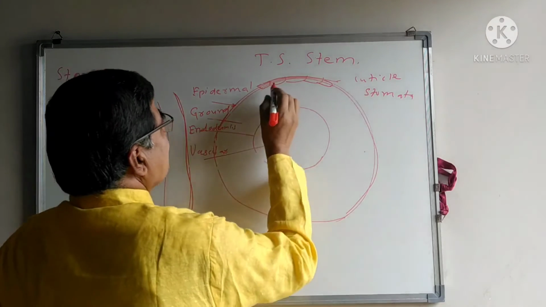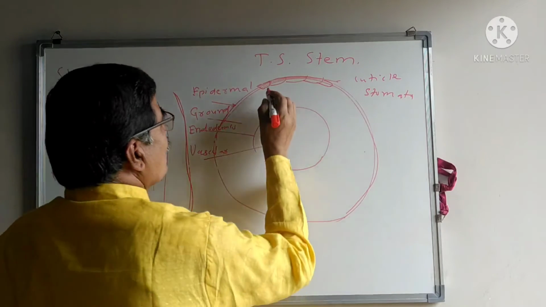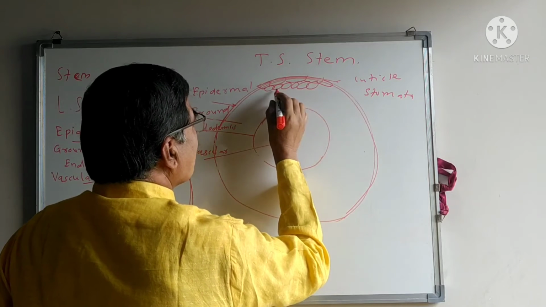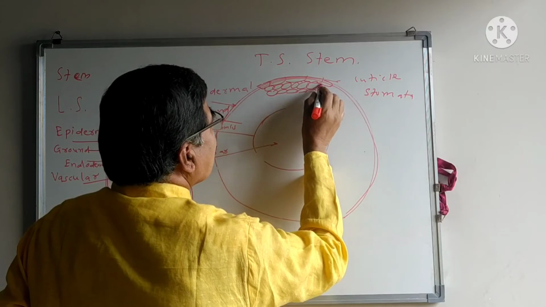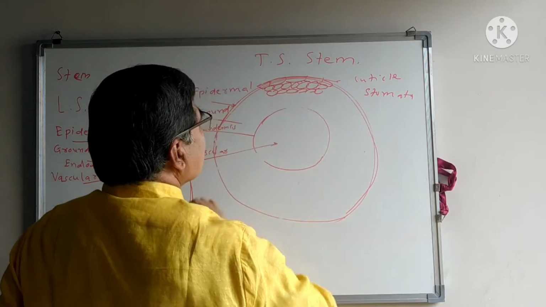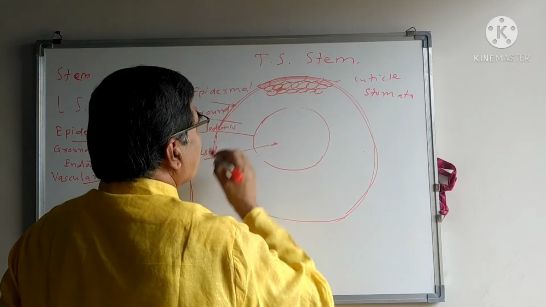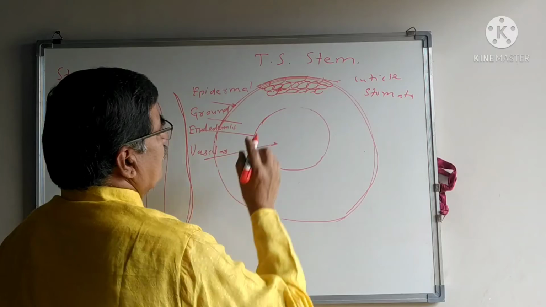The epidermis is followed, in herbaceous plants, by collenchymatous tissue. Collenchyma is oval to circular, having intercellular spaces, and the intercellular spaces are filled up by thickened tissue.